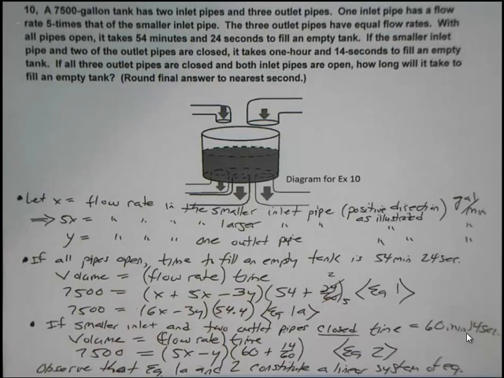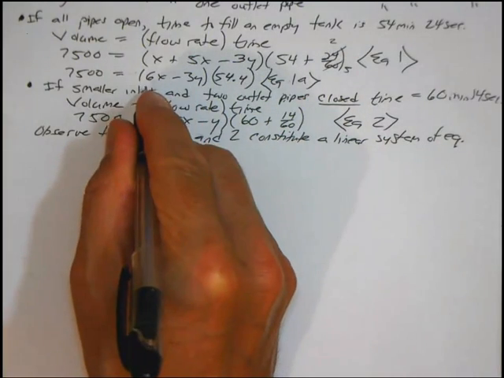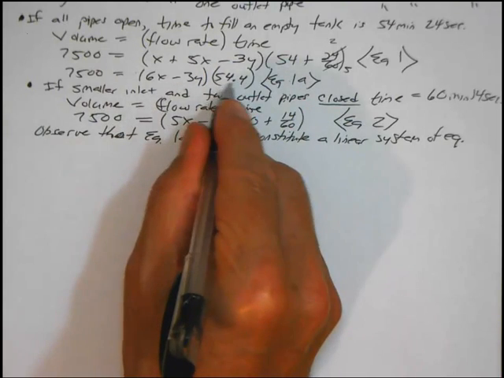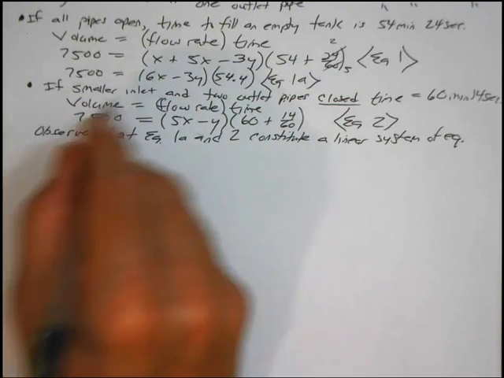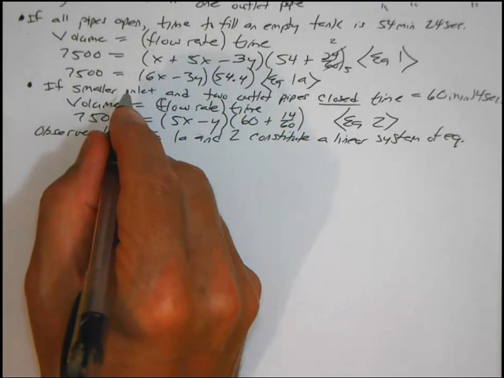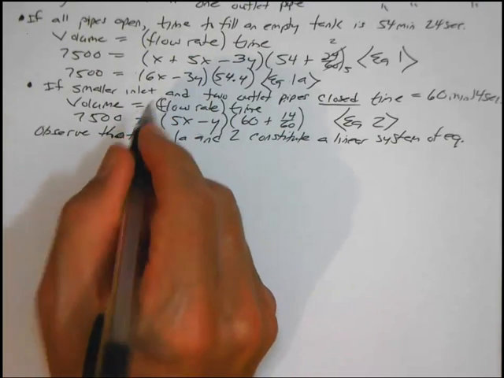Okay, we're pretty good at this. Let's solve this, and let's go with calculator usage, which means we'll need to solve for the y's in each of equation 1a and 2's case. Let's look at equation 1a. Let's solve for y. We'll need to divide both sides by 54.4, subtract 6x from both sides, and then divide both sides by -3. Okay, let's try that.